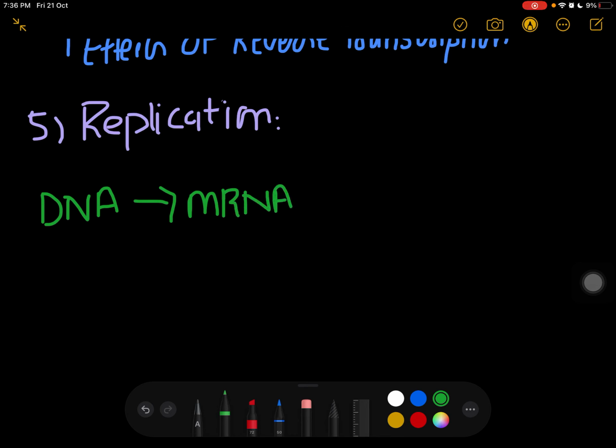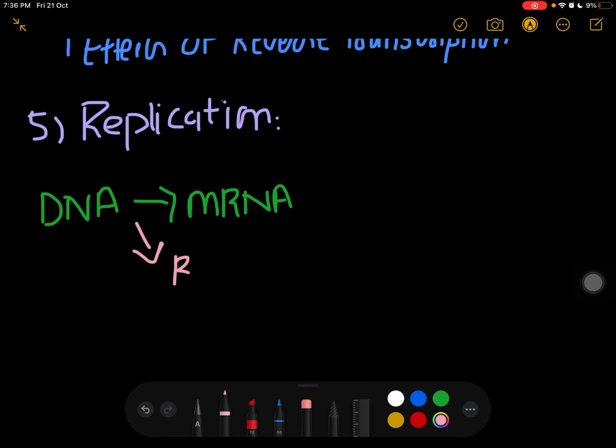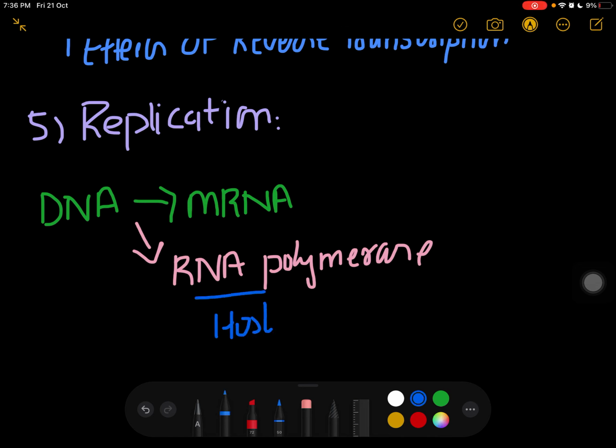That DNA will form mRNA with the help of the enzyme RNA polymerase. This is a host cell enzyme. What happened? Replication, like, obviously now transcription will occur, so now DNA will be converted into mRNA.